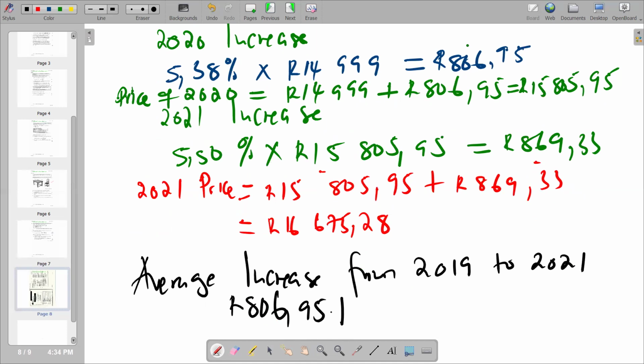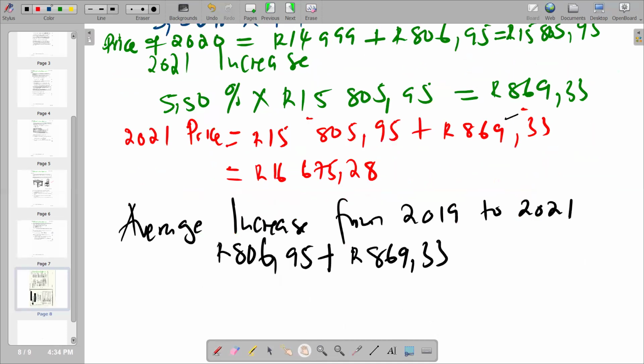We add the increase from 2020 to 2021, which is given as 869 rands 33 cents. So we add the two. We're going to get a total of 1,676 rands 28 cents.